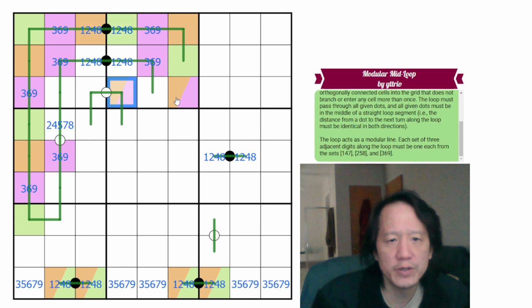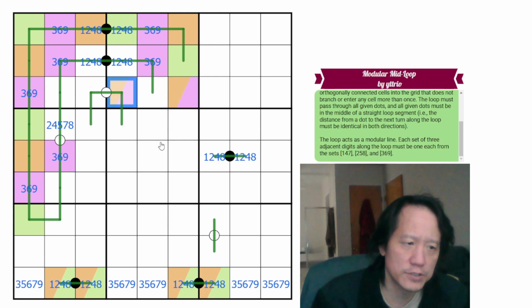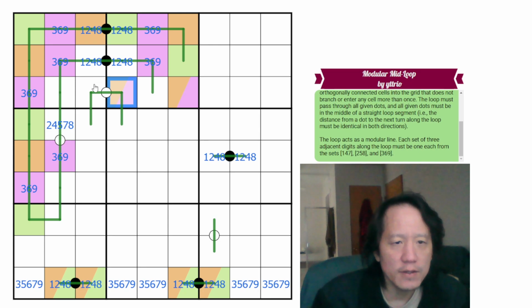So this must be pink or orange, and this is pink or orange. These must be specifically green or orange. And this is obviously green or orange, and these are green or orange. Oh, this connects. So therefore, this is orange.